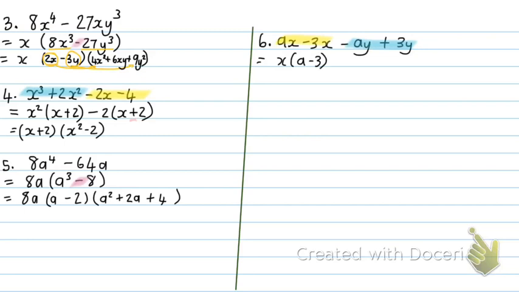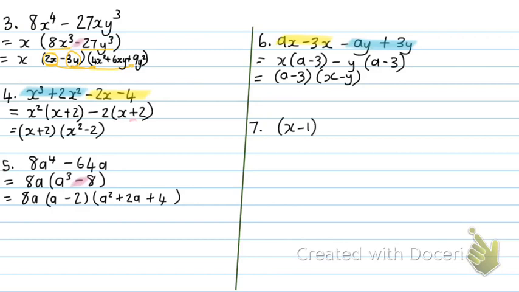And for the blue ones, I take out negative y, and I'm left with a minus 3. Sign changes because I'm taking out negative. Now the bracket is a common factor. A minus 3, then I'm left with x minus y. And that's it.